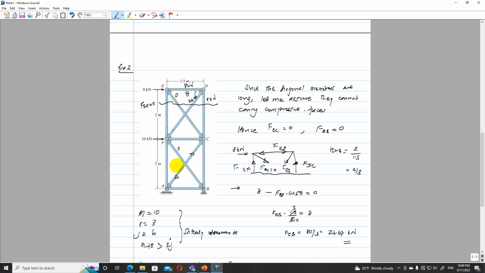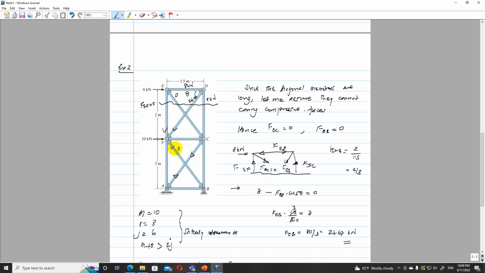Okay, for the tension, this one tension I can find the value. So if I consider this one, this is known, this is known, this is unknown, and this is known, this is unknown.